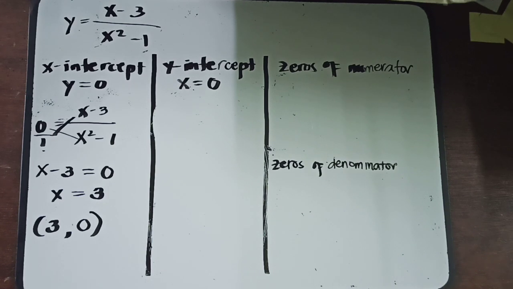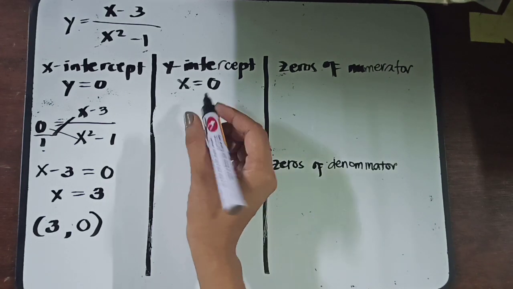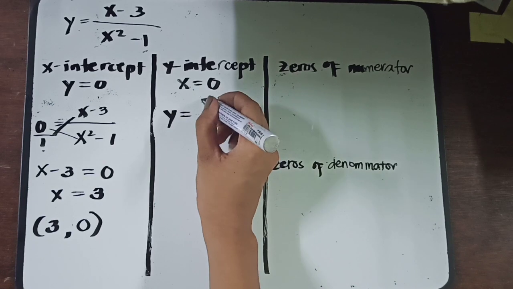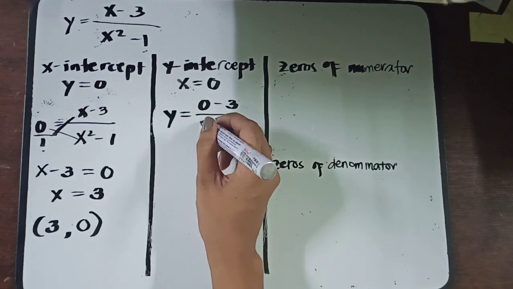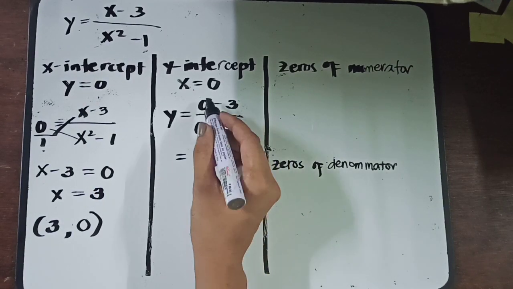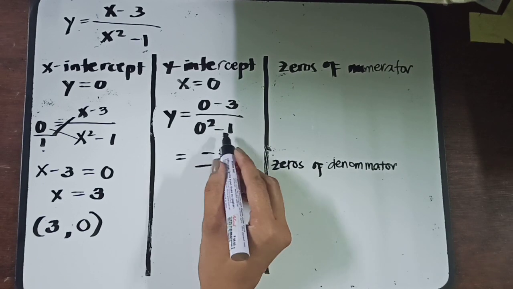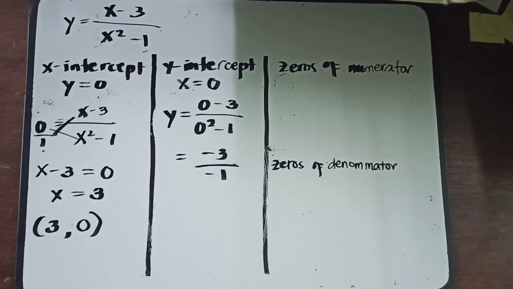Y-intercept, solve for the value of y, where x is equal to 0. So, substitute natin yung x natin, which is 0, and solve for y. So, y is equal to 0 minus 3 over the value of x, which is 0. So, 0 squared minus 1 is equal to 0 minus 3 is negative 3, and 0 squared is 0 minus 1 is negative 1, and negative 3 over negative 1.